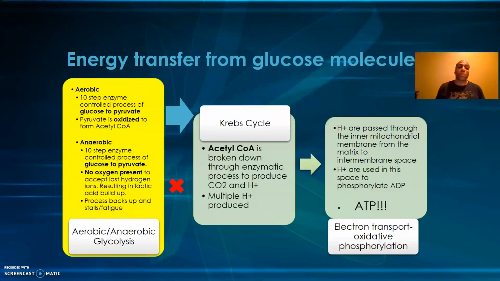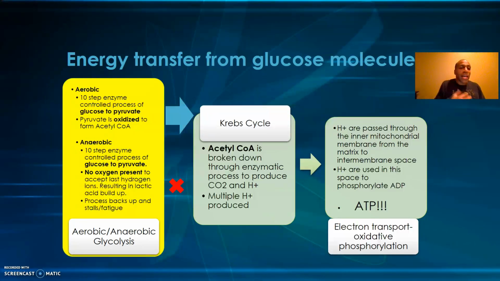But what happens with glycolysis is we're going to need oxygen present to be the final acceptor for these hydrogen ions that are produced through glycolysis. Now, if oxygen is not present, like this anaerobic example here, all these hydrogen ions are then bound with pyruvate, and that builds up lactate.